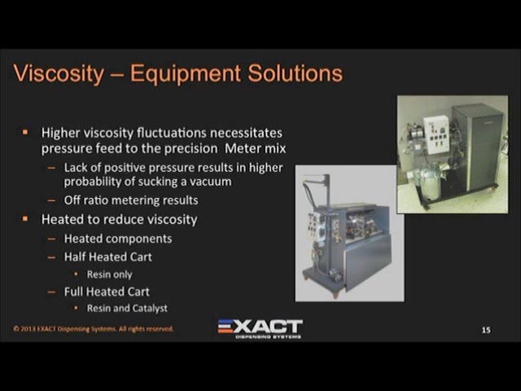Adding heat to your system is one way to help manage viscosity. You can do it at the component level, or even better yet, implement a half or a full heated system, such as those depicted on this slide, that puts all the metering elements, including the resins, in a heated chamber that is set to the operating temperature you need and want.